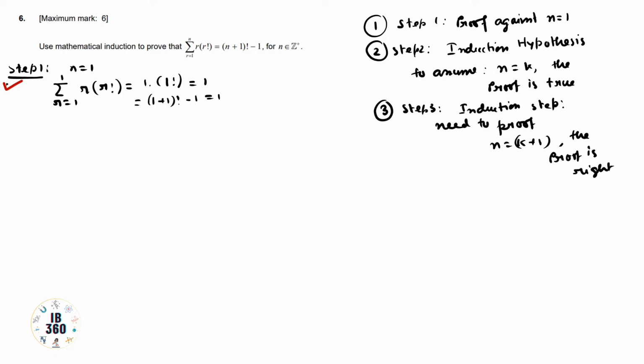Now step 2. Please see that this step is very important. We are just assuming the part. This is the induction hypothesis step. The most important thing is that in the induction hypothesis step we need to assume.